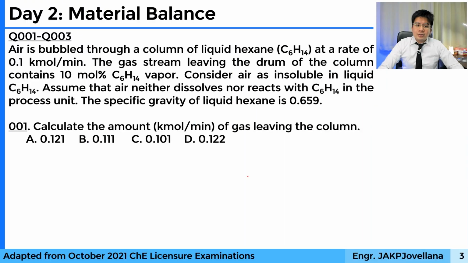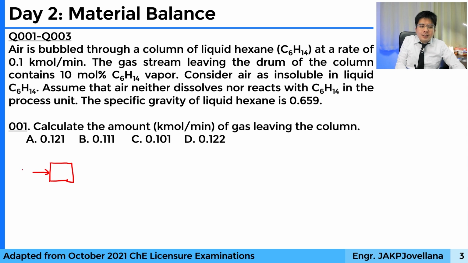For the first question, calculate the amount in kilomoles per minute of the gas leaving the column. And we are given the choices 0.121, 0.111, 0.101, and 0.12. To solve this problem, let's consider this block flow diagram of the bubbling process. Let's consider this as the drum of the column where air is delivered into the unit.